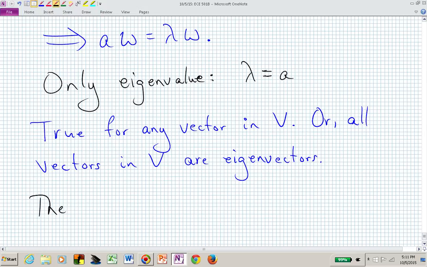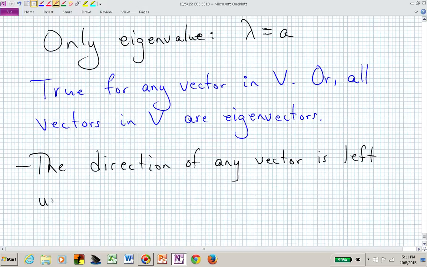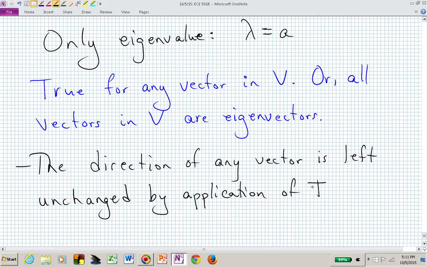Or again, thinking in terms of direction, the direction of any vector W is left unchanged by application of T equal to AI.